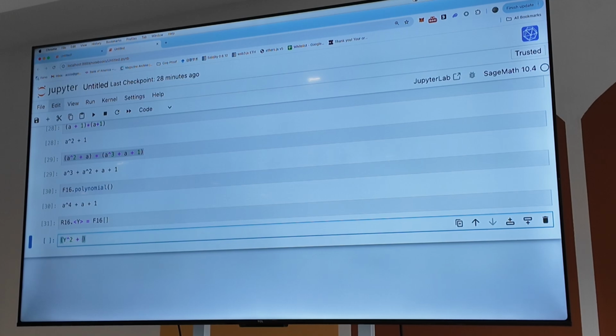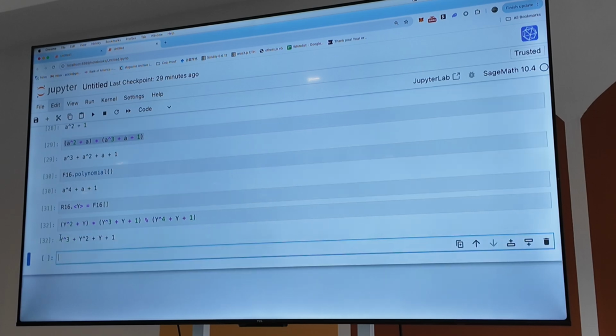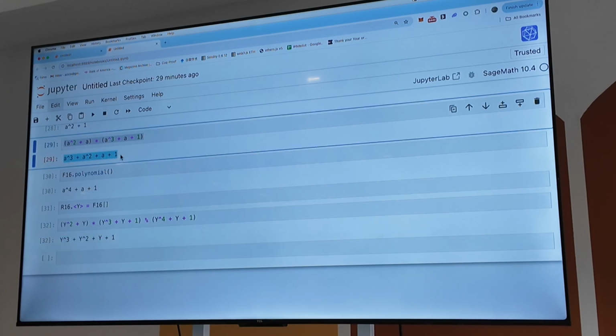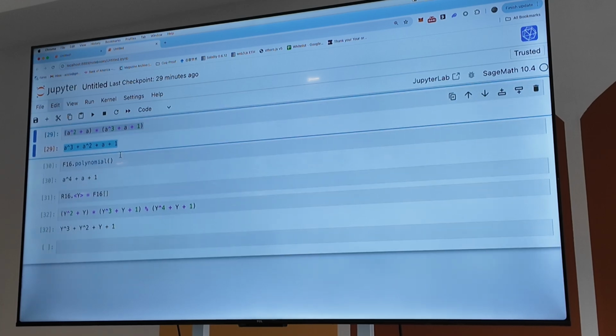Y squared plus y times y cubed plus y plus 1, and then mod y to the 4 plus y plus 1. Okay. Now we have this polynomial, right? Exactly the same as the result of the multiplication of two field elements.